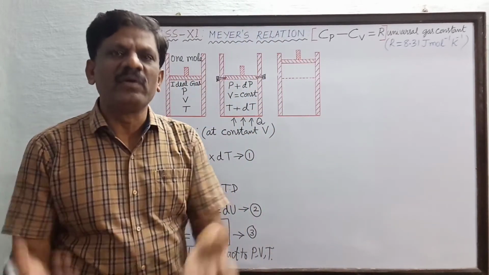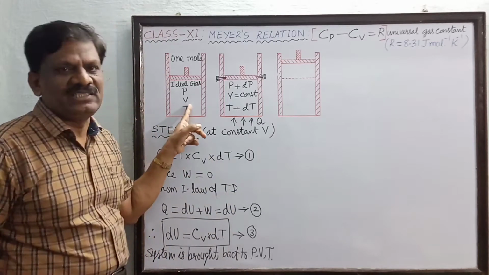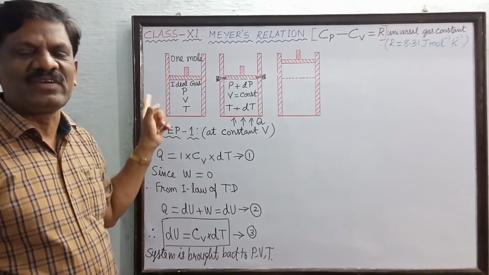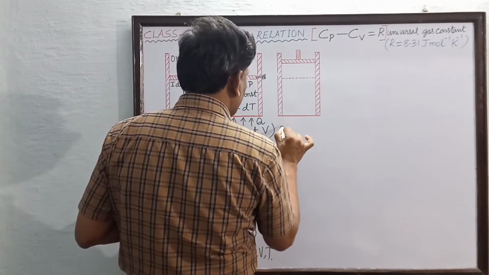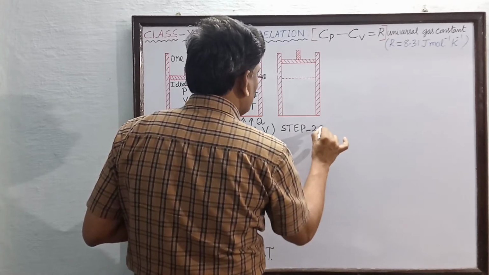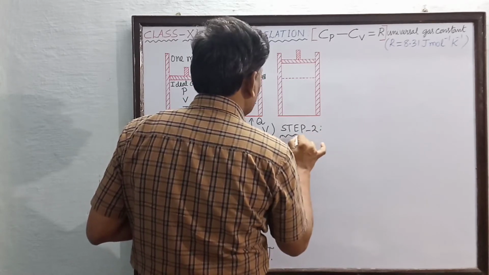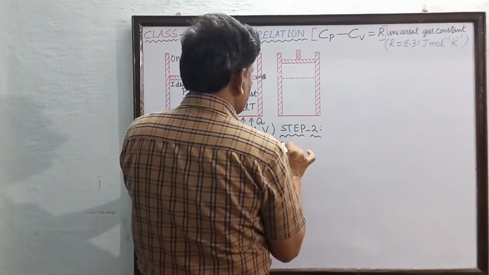So once again we are going to start step number 2, from the initial conditions of pressure, volume and temperature. In step 2, what I am going to consider is pressure as constant.